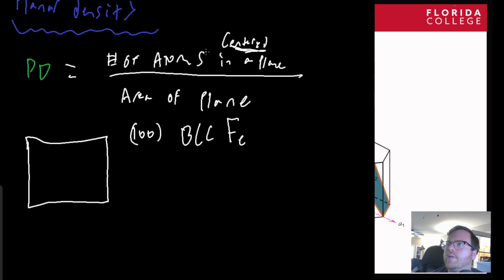What this will look like is, for body-centered cubic, you definitely have an atom in the middle, but because we're on the 1, 0, 0 plane, maybe the top edge here, we're not going to care about that one in the middle because it's not centered in our plane. So we're actually only going to have these 4 atoms.